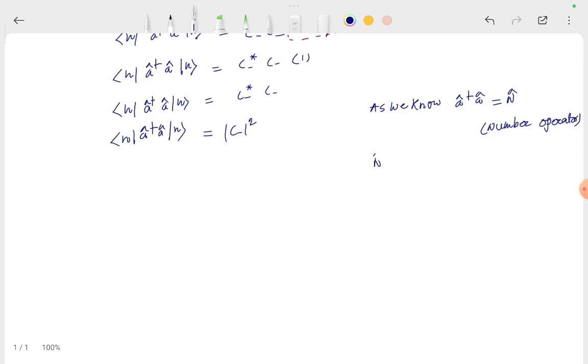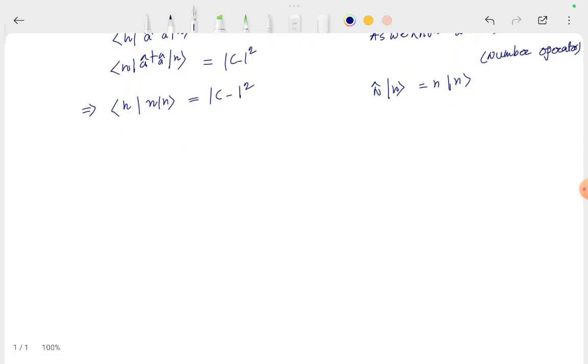Any number operator acting on the n state gives you the eigenvalue n, n ket. Just remember this. So finally we get n into n ket equals |c minus| squared.